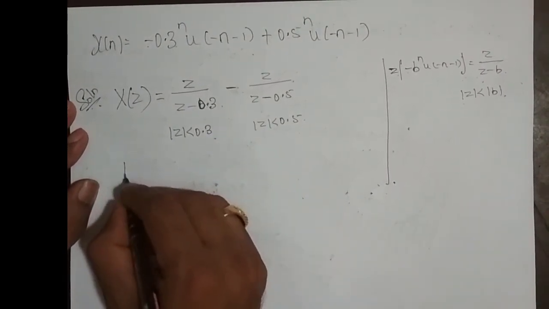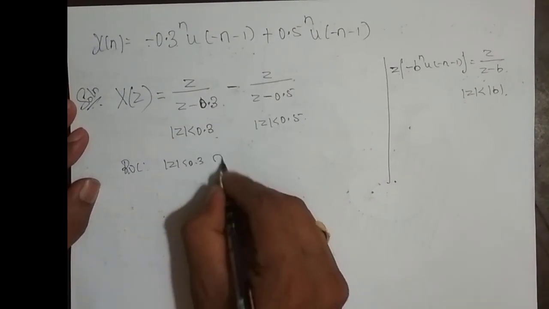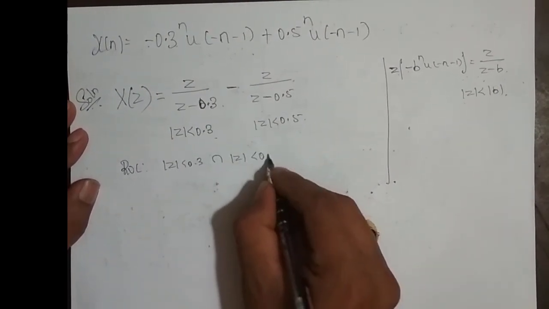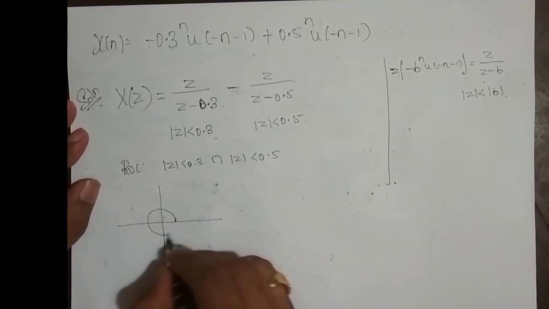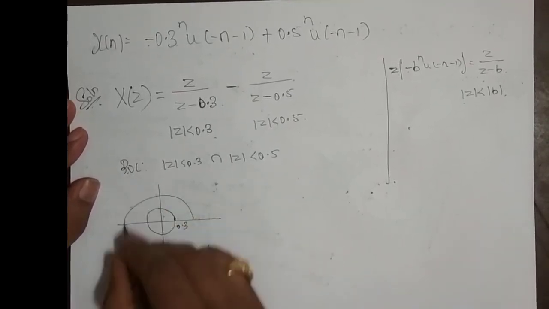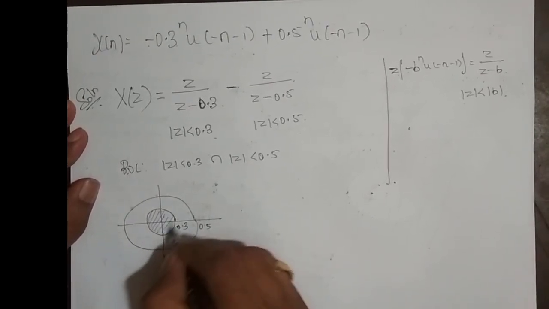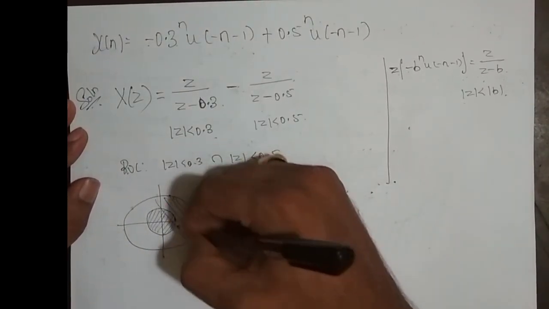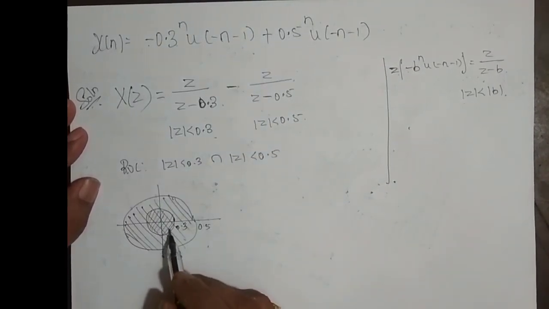Fine. So what is the combined ROC now? The combined ROC is magnitude of z less than 0.3 intersected with magnitude of z less than 0.5, right? It is inside the innermost circle. The innermost circle is 0.3, the outermost circle is 0.5. So 0.3 is inside, and 0.5 is also inside, and the intersection region is actually less than 0.3, right?